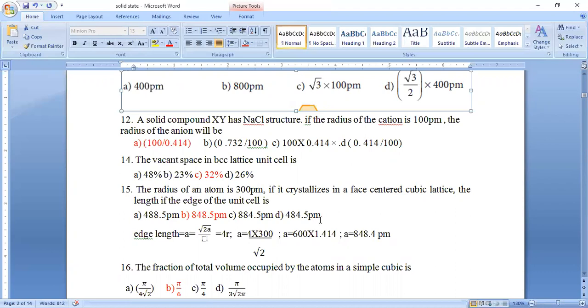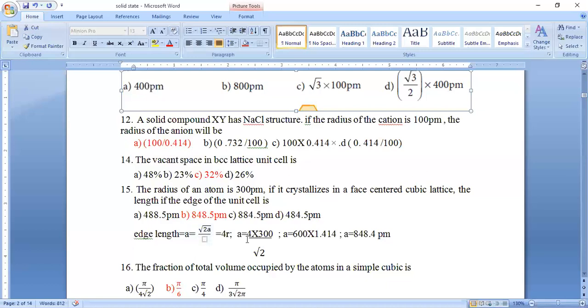So the question number 15, the radius of an atom is 300 pm. If it crystallizes in a FCC lattice, find the length of the edge of the unit cell. So the formula to calculate the edge length for FCC is, root 2 A equal to 4R. So A is the edge length. So edge length only we are going to calculate.